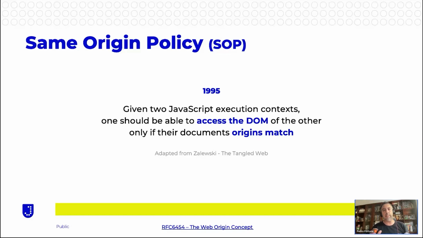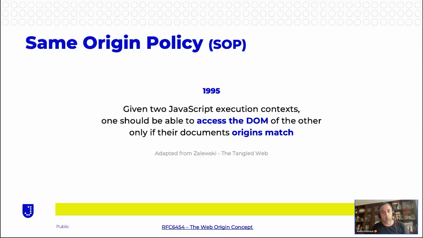And it basically states that for two JavaScript execution contexts, one can only access the DOM, so that's basically the structure that holds the page and any information being entered into the page. One script can only access the DOM of another script if they have the same origin. So they have to share the same origin.